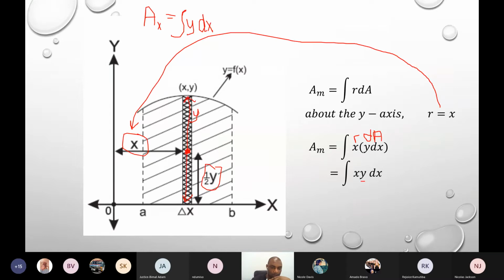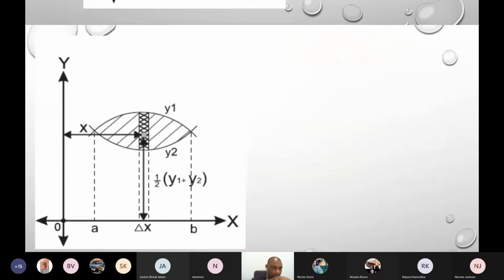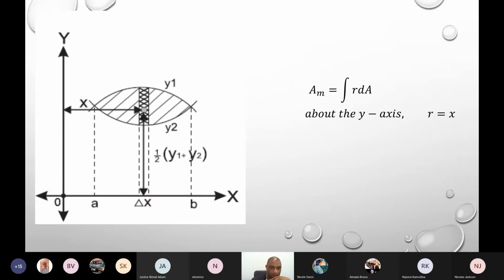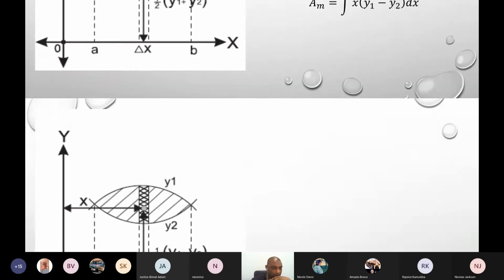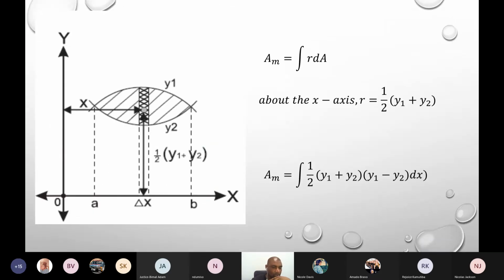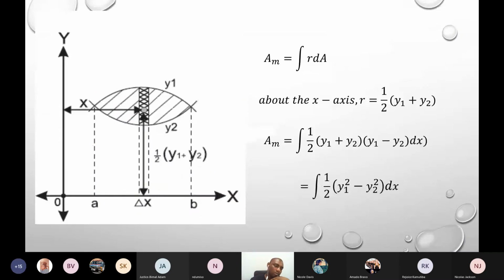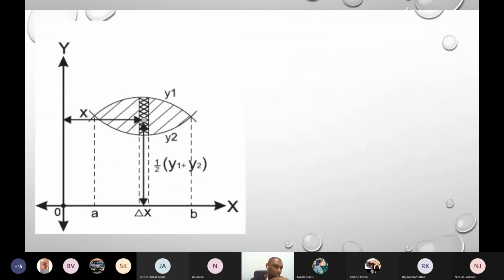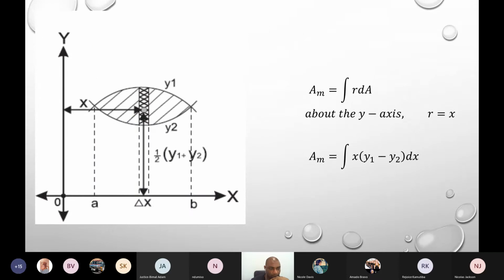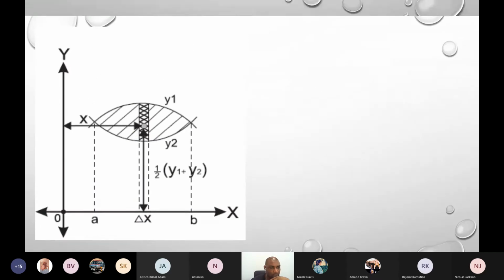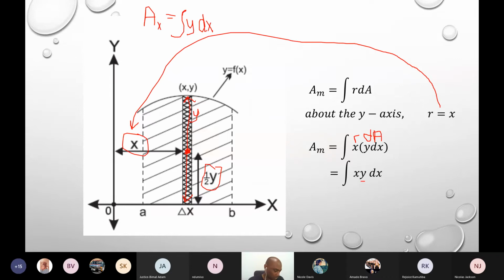Sorry, I just want to jump to somewhere that I need to get to. I can't see my other slide. Just look at that slide, guys. I just want to check what happened to my other slide that I had.